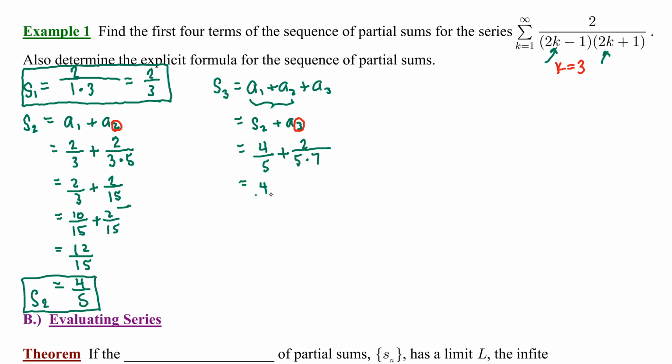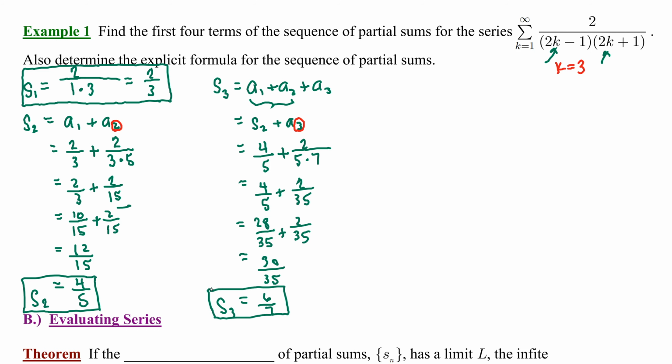So we need to evaluate 4/5 plus 2 over 35. You can either type that into your calculator or just work it out by hand with me. We're going to get 30 over 35, which reduces to 6/7. So our third partial sum is 6/7. Once again, that just means the sum of the first 3 terms of the sequence gives us this particular sum.